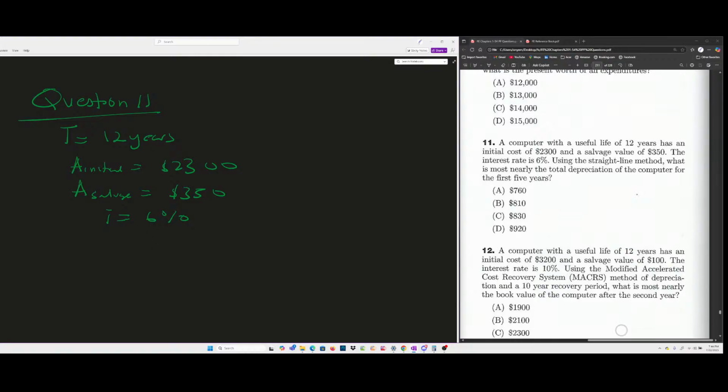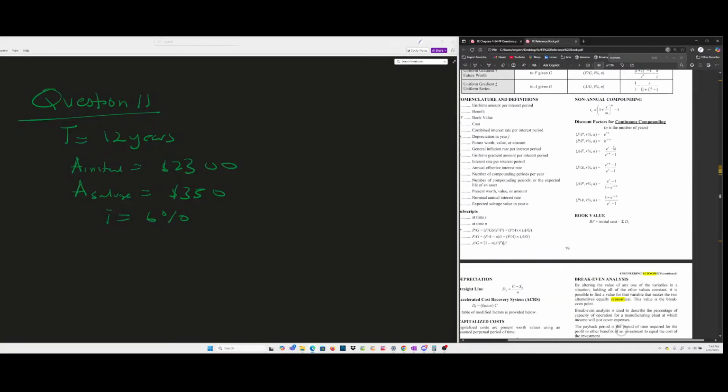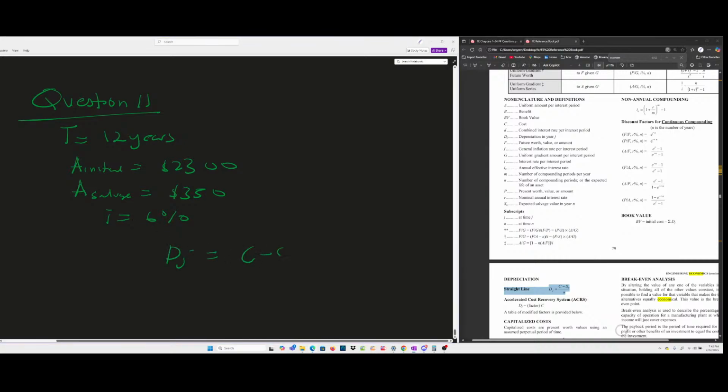We go to our engineering economics and we have the straight line method depreciation, which is D_j equals (C minus S) over n.